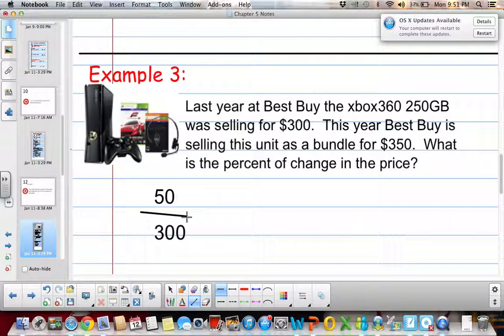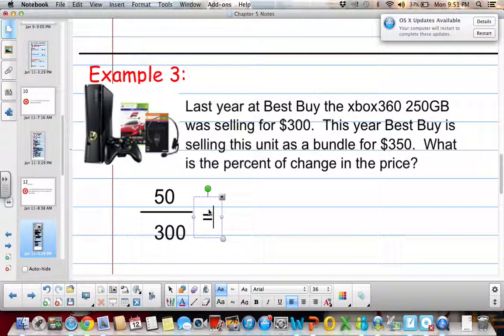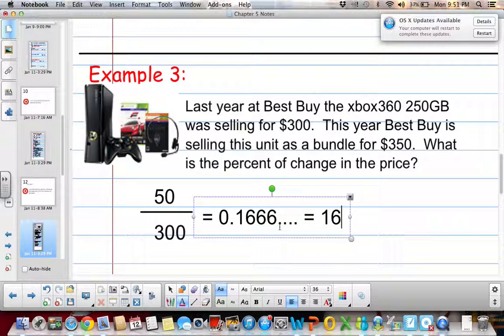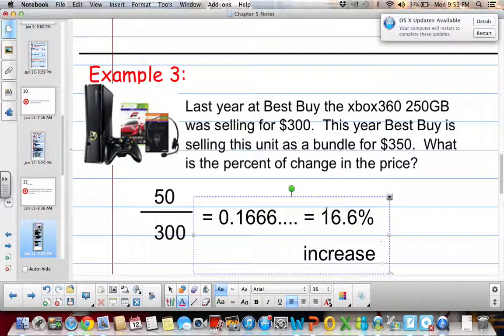So 50 over 300 equals 50 divided by 300, which is 0.166666 repeating. And then we would change that to 16.6%. And since we are going from 300 to 350, our number is getting bigger, so that is an increase.